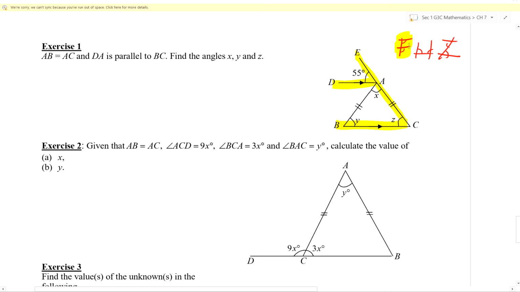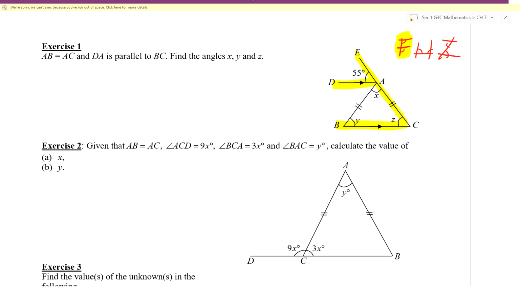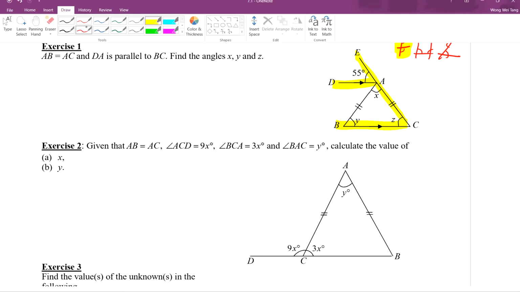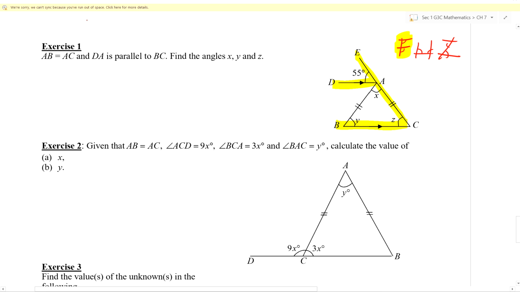This letter F over here reminds us of corresponding angles. So where are the corresponding angles? We'll need to state them down very clearly. Angle Z is equal to angle EAD. So here we write down corresponding angles, parallel lines. And here we have 55 degrees. Done.